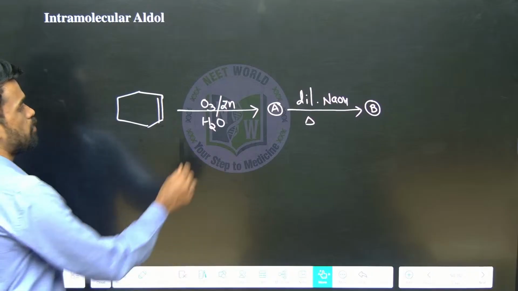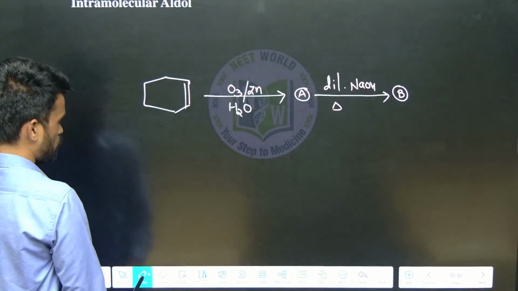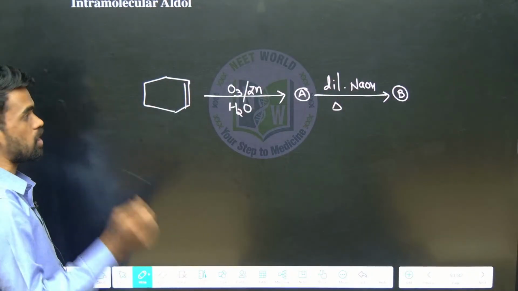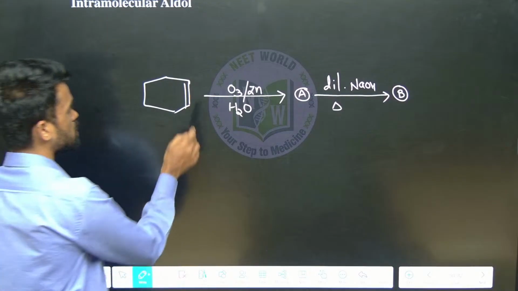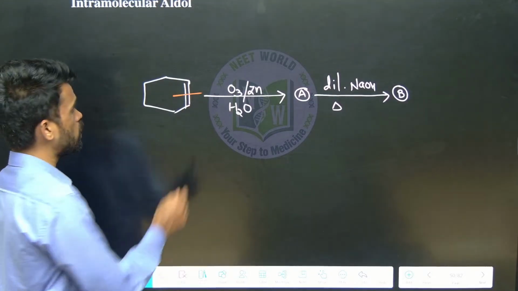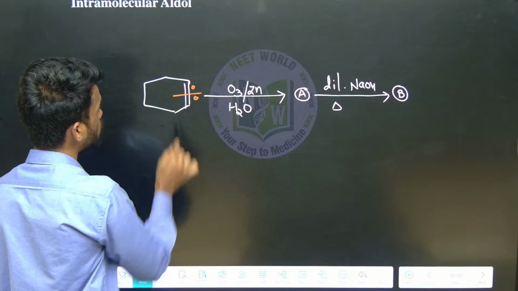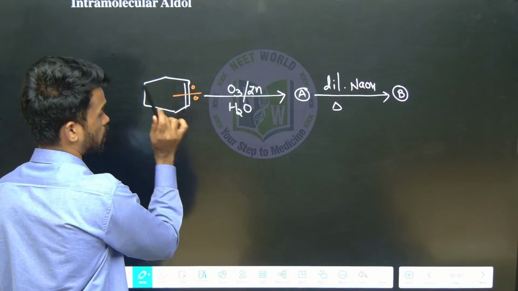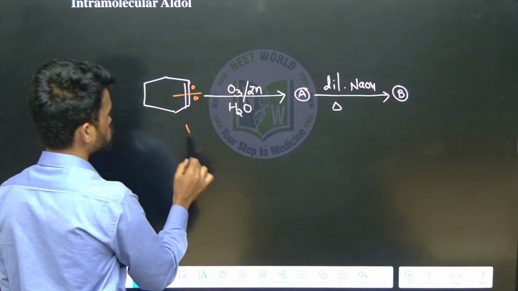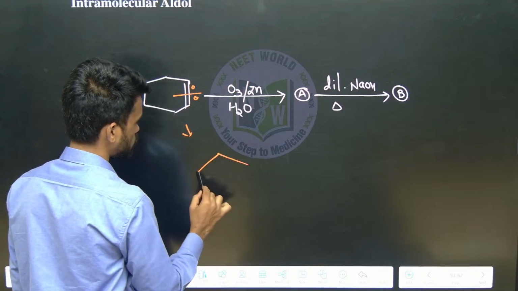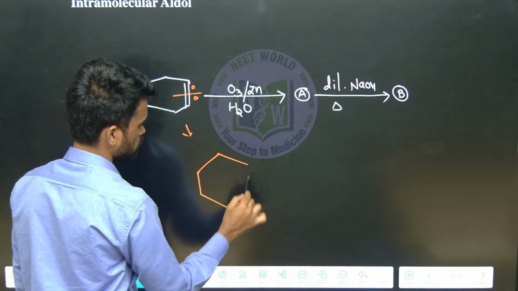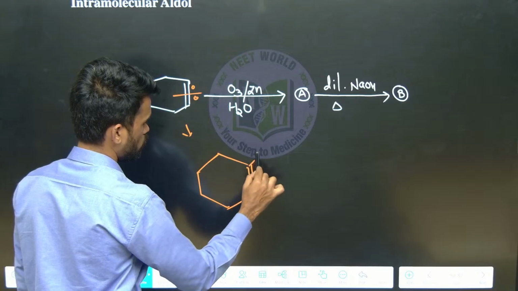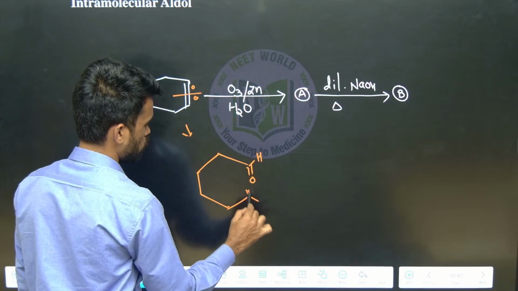See what happens, ozonolysis of alkenes, what will they produce? It will produce carbonyl compounds. How do you do it? The tricky way is to cut this double bond and insert oxygen above and below of these alkene carbons, so that you will get O here, O here also, like this.